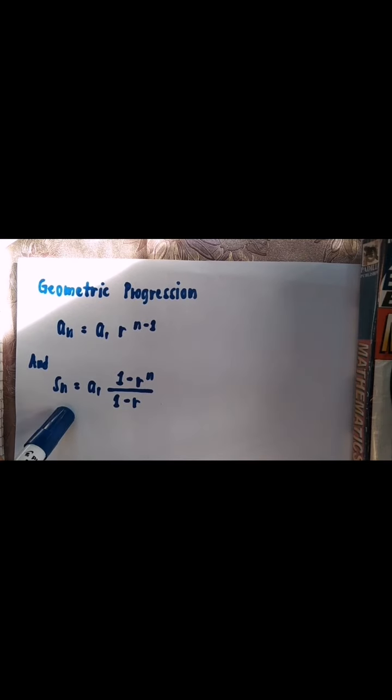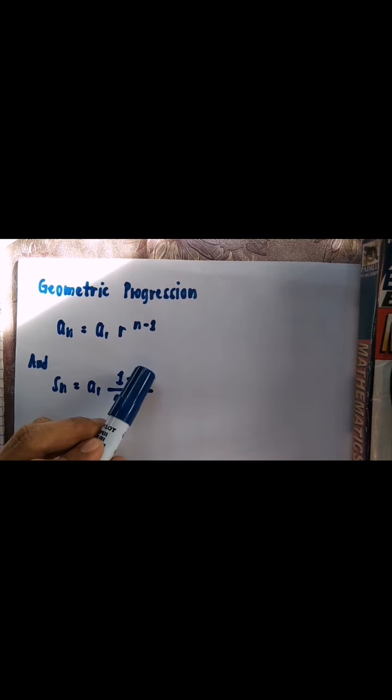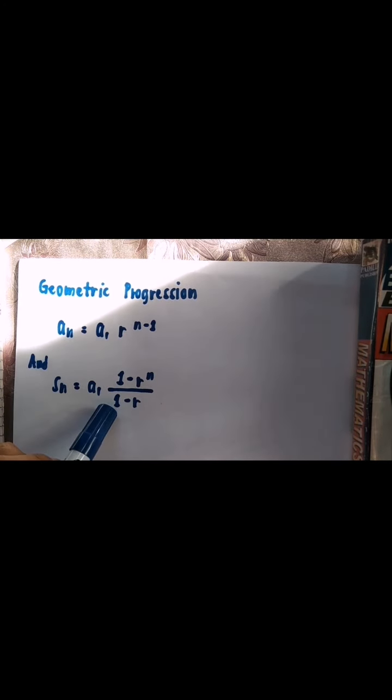As I said earlier, this formula is to find the sum of the n terms, which is S sub n equal to a sub 1, the first term, times 1 minus the common ratio to the power of n, divided by 1 minus the common ratio.